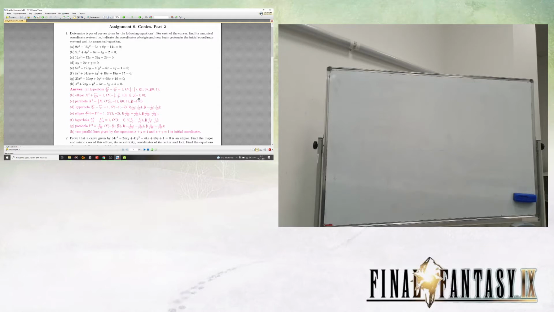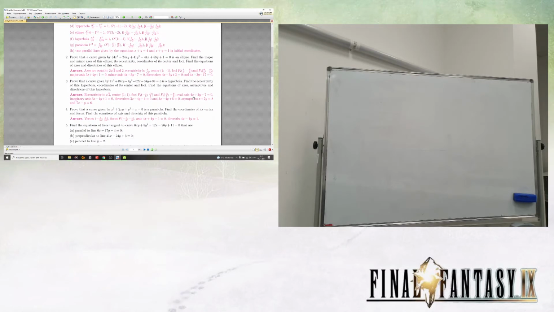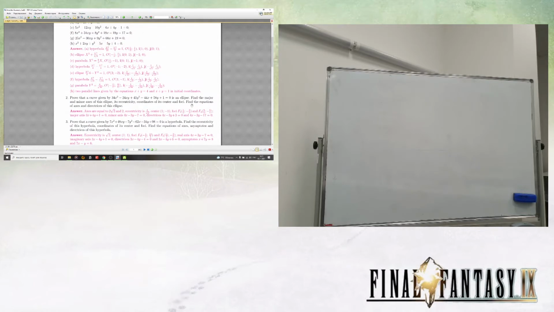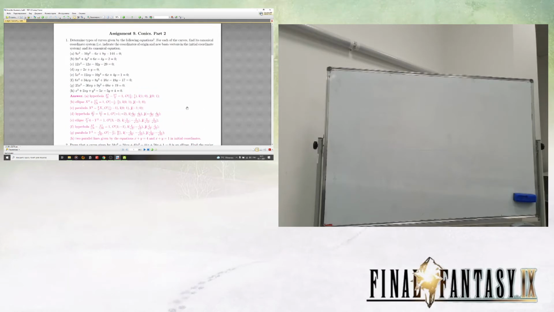Nice. Why do we need the canonical equation? It's easier to see the coefficients which describe the center and so on. Right, the center, to sketch the graph. I cannot sketch a graph when I have the general equation. For me it's easier: I just need to put in a number x and I will find y and so on.